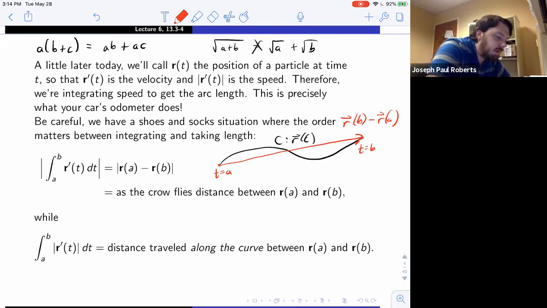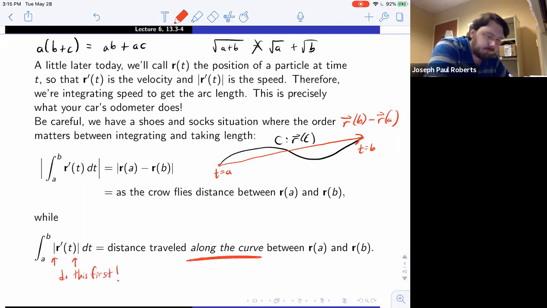So the vector r of b minus r of a is just that direct, as the crow flies path from the start to the end. And so if you do the integration first and then take the length, you're just getting that length. Whereas if we want to actually get the distance traveled along the curve, then you have to be careful and do this first.